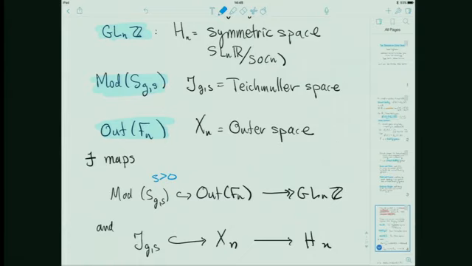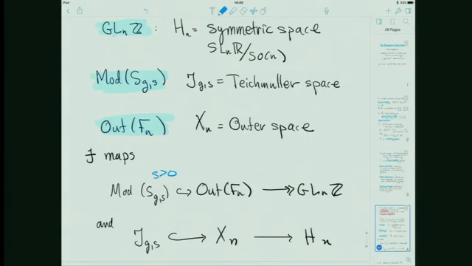And there are also natural maps: the Teichmüller space of a punctured surface is a subspace of outer space. And there's a kind of period map from outer space to the symmetric space. Mod S acts on Teichmüller space, Out(Fn) acts on Xn, GLNZ acts on Hn, and these maps are equivariant. Okay?